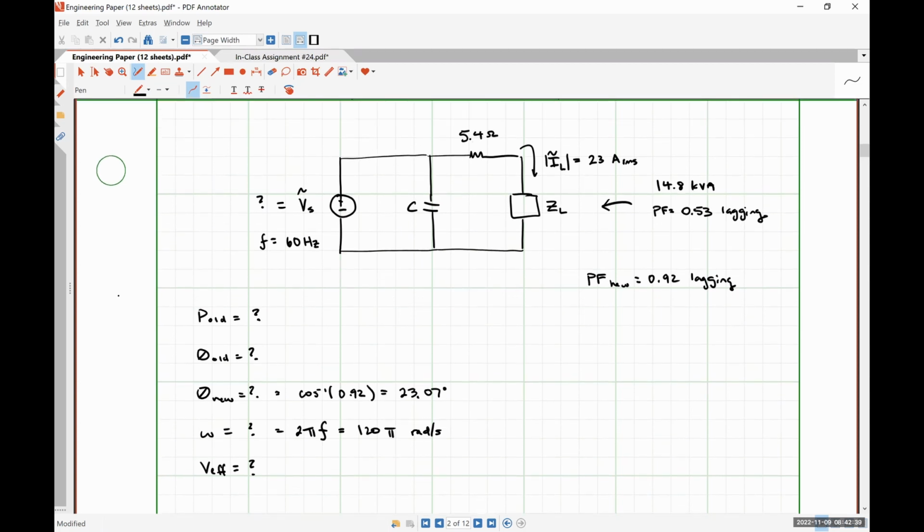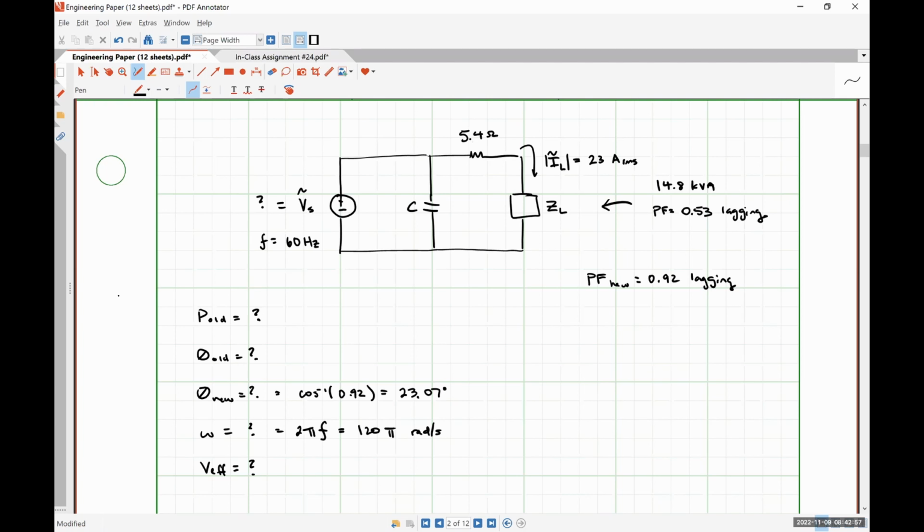You might think we have theta old as well, because we have the power factor at which the load operates. The problem here is that the capacitor isn't directly in parallel with the load. There's that resistor in the way.